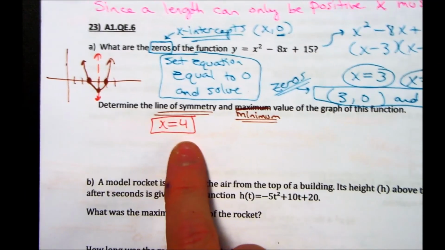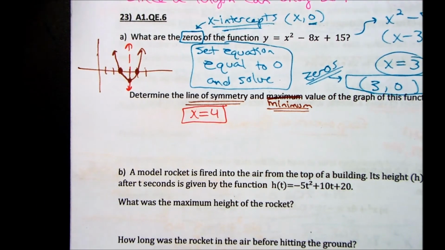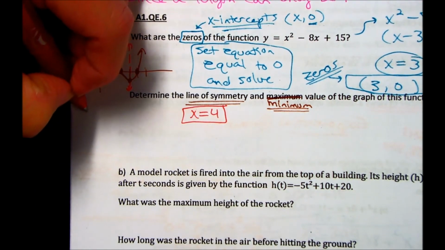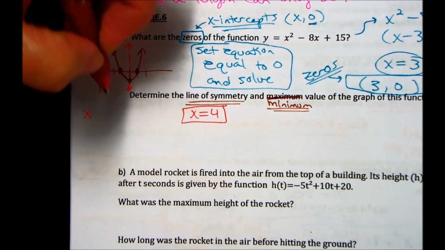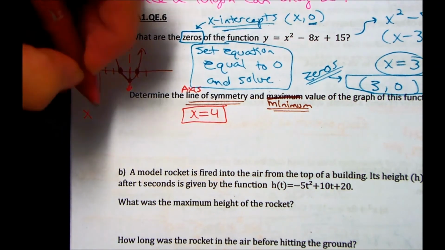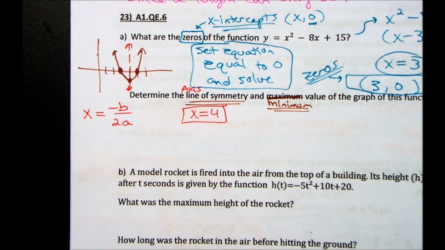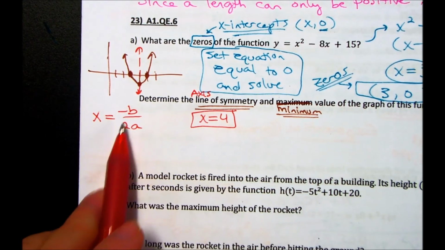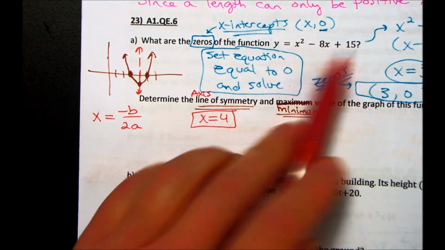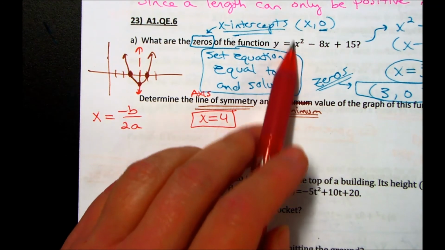Now, there's a lot to be said about this line of symmetry. You're given an equation probably on the reference sheet that says the axis of symmetry, so line of symmetry or axis of symmetry, same thing. They tell you x equals negative b over 2a. Well, just like our quadratic equation, the b and the a come from our equation up here. So our b is negative 8, our a value would be 1.